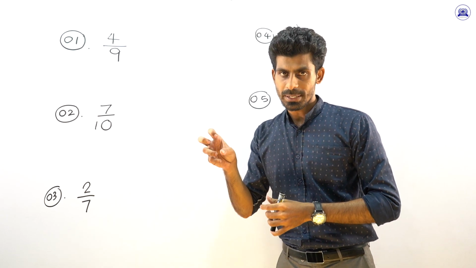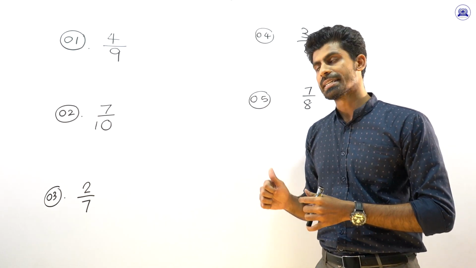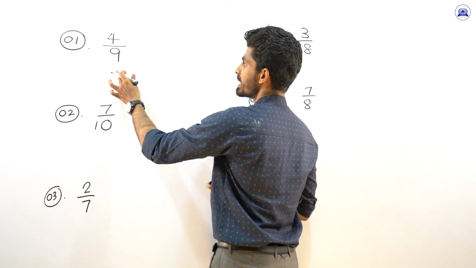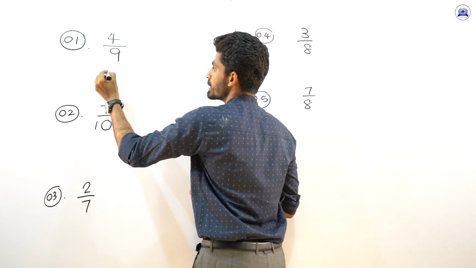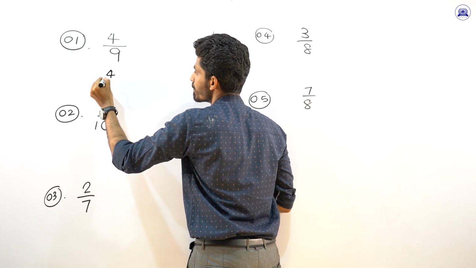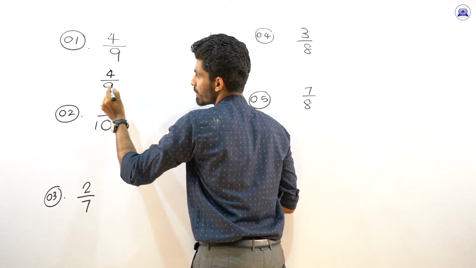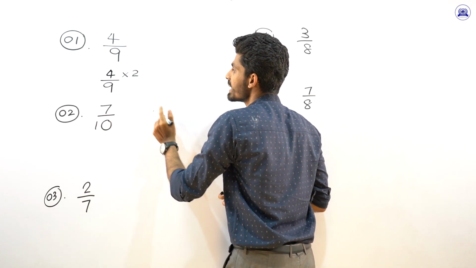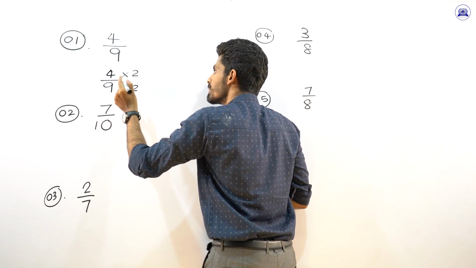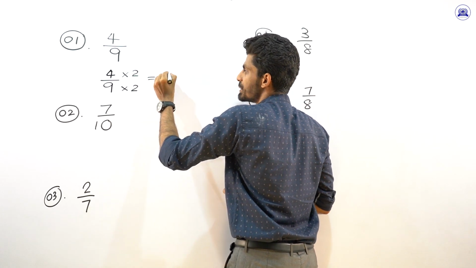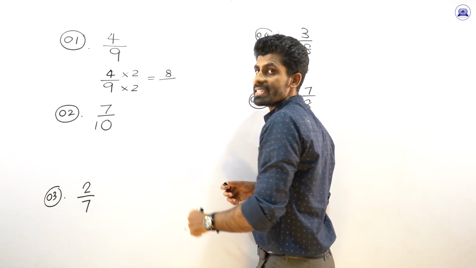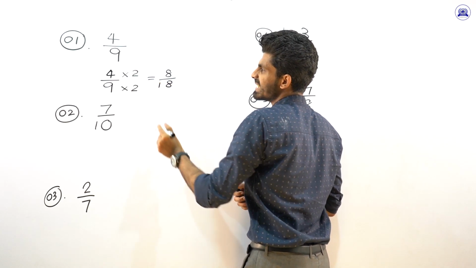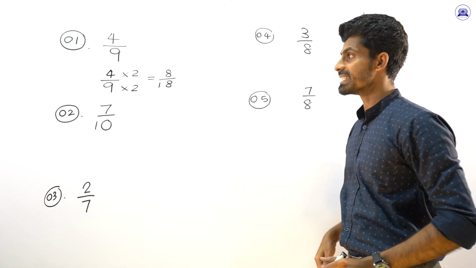You need to multiply the numerator and also the denominator to create an equivalent fraction. Let's see, 4 over 9. I'm just taking 2 and multiplying the numerator and also the denominator by 2. 4 into 2, my dear student, what is the answer? 8. 9 into 2, what is the answer? 18. 8 over 18.